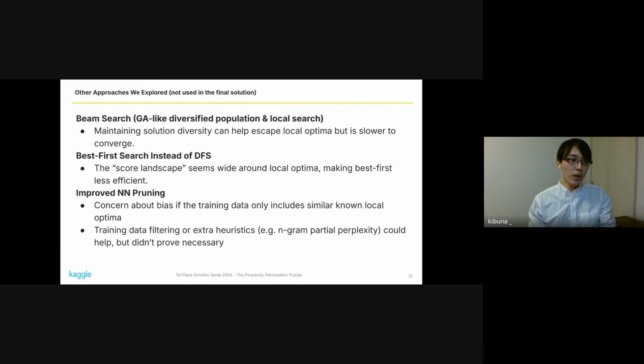And we also experimented with best-first search instead of DFS, but it appeared to slow down the search. And additionally, while we initially worried about biases in the neural network training data, it seemed to be a non-issue.